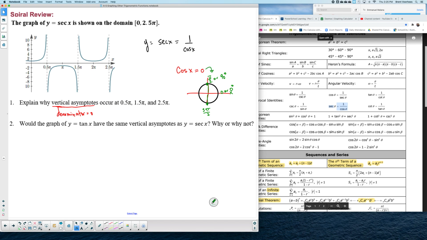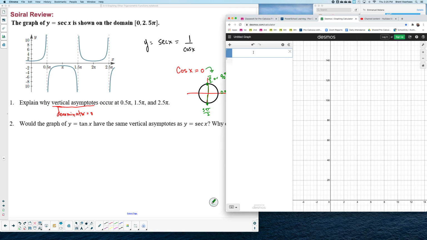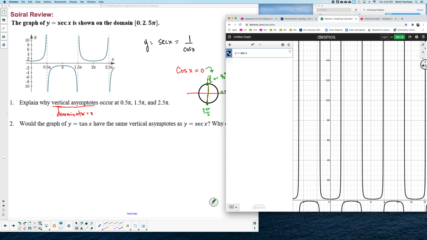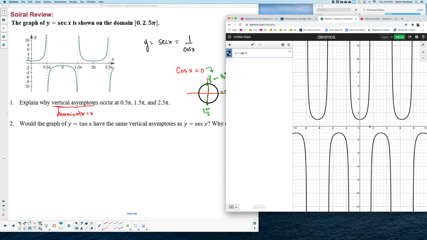You could also graphically see this in Desmos. So here's y equals secant x. There's that picture, and I'm going to change the axis in a second. And I'm also going to graph y equals cosine x. So you can see that the asymptote occurs every time we have a 0.